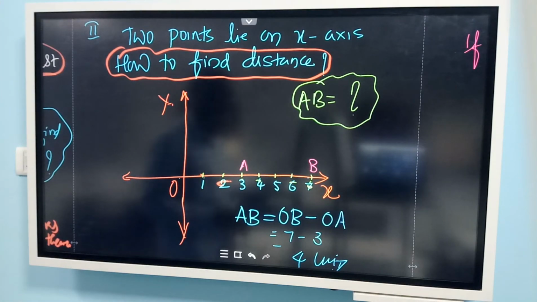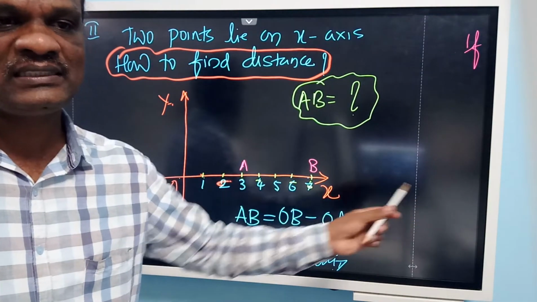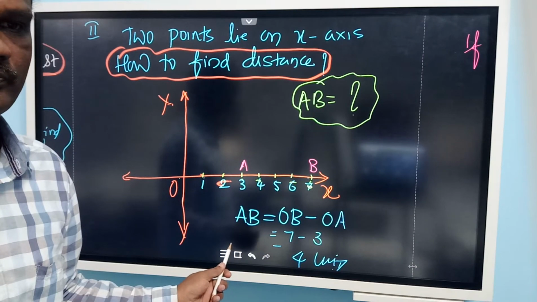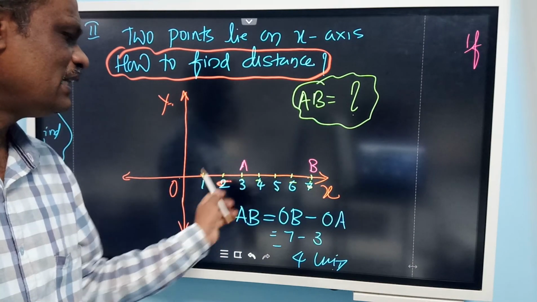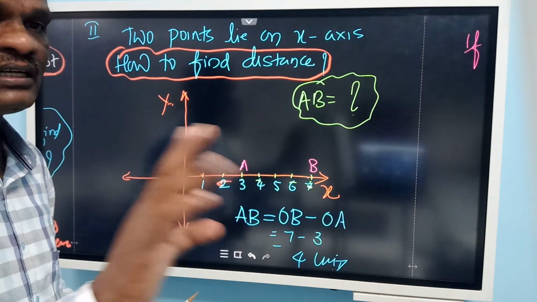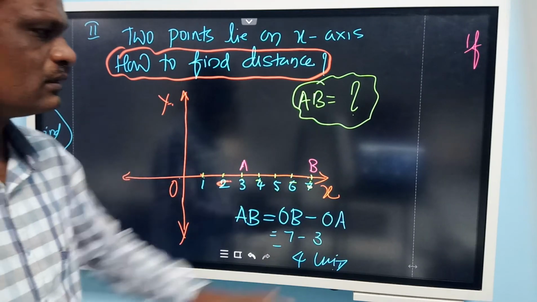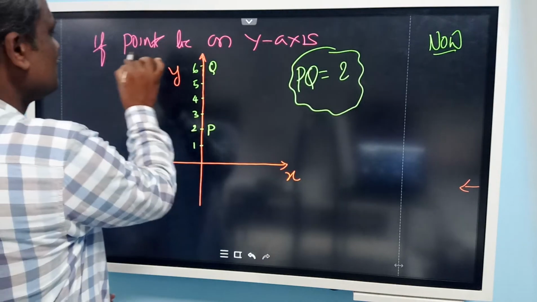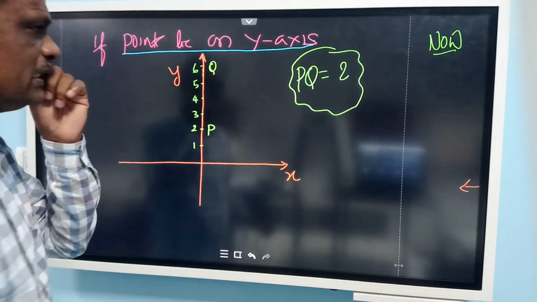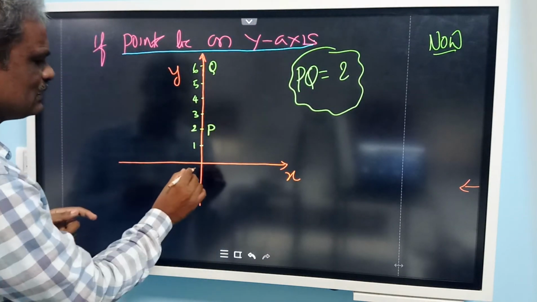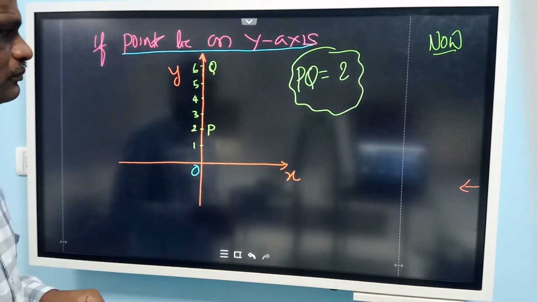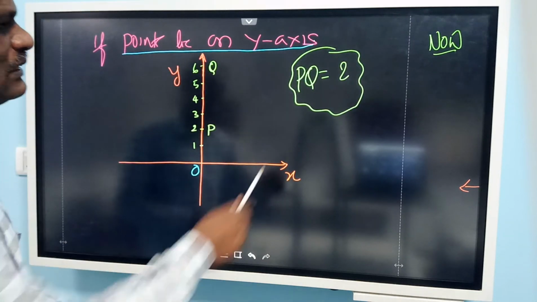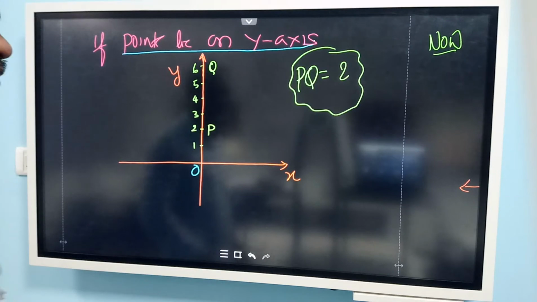It is very easy if both the points are on the same axis, direct subtraction only. OB minus OA, if they are on the same axis, the x-axis. Now if a point lies on the y-axis, another situation, how to find the distance? Here I have taken this is 0, point O. I want to find out the distance PQ. Tell me how to find the distance PQ.